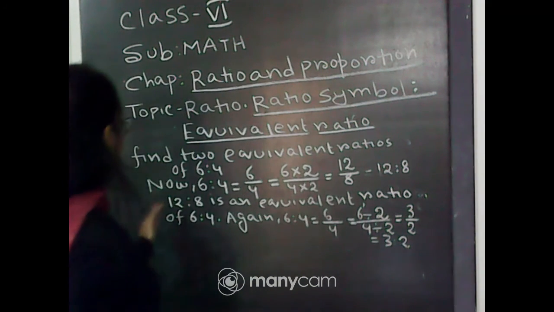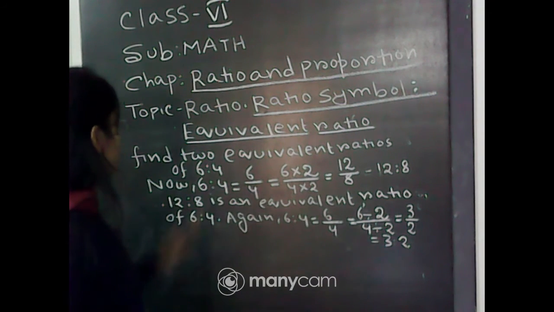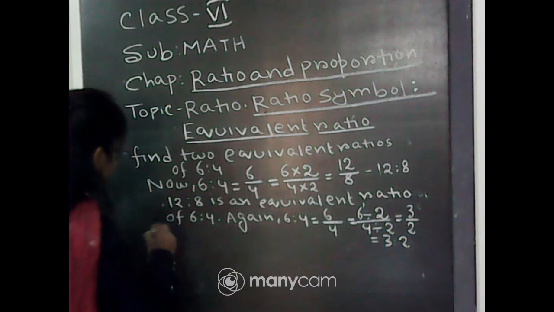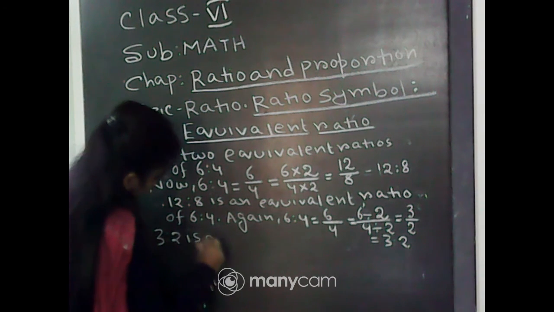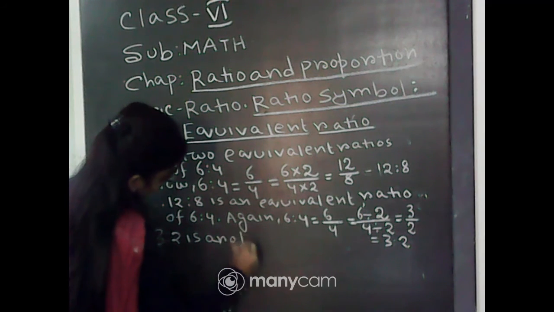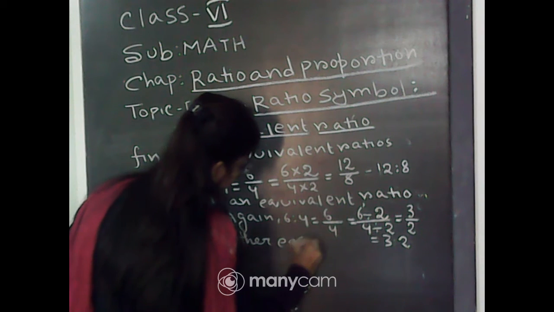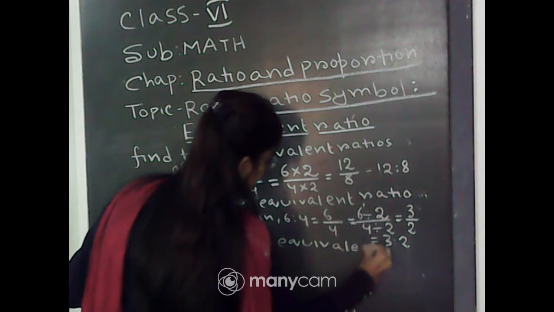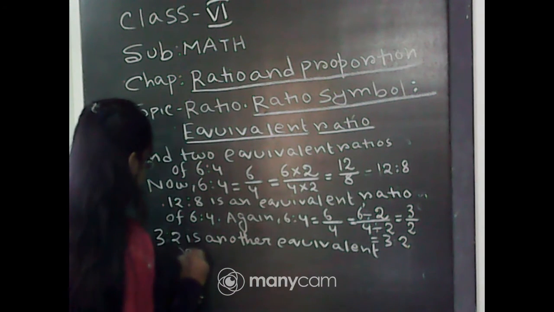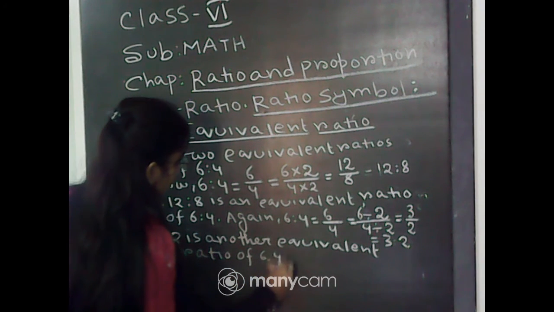So, 12 is to 8 is an equivalent ratio of 6 is to 4 and 3 is to 2 is another equivalent ratio of 6 is to 4.